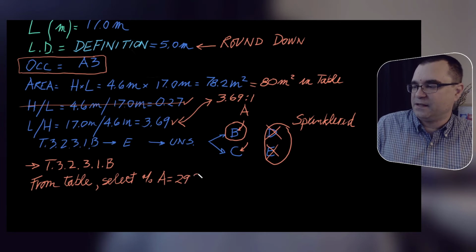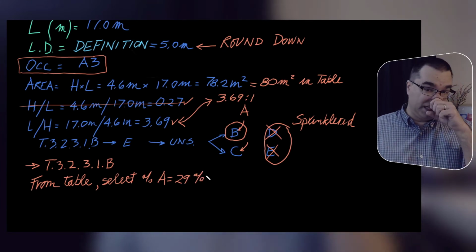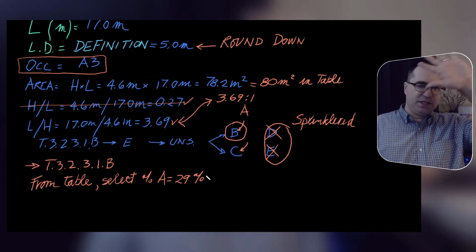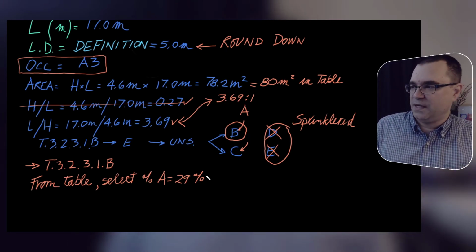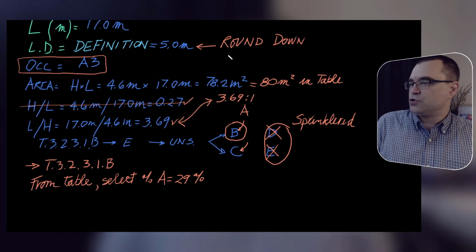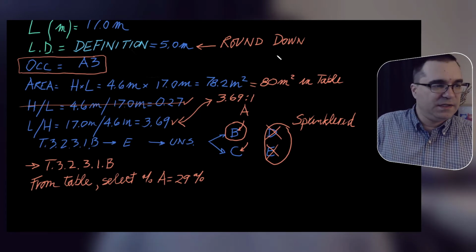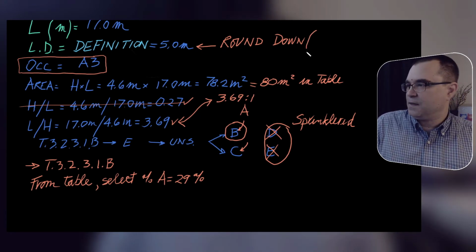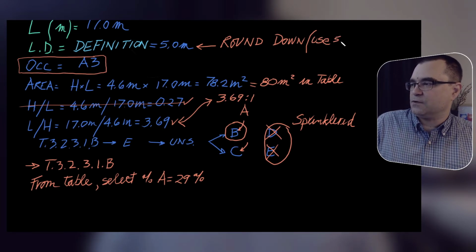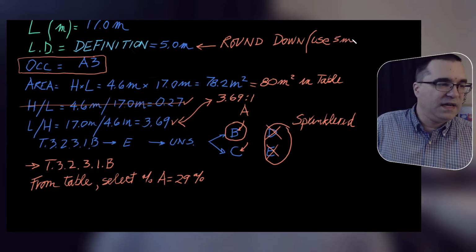Now I'm going to add the percent just to make it obvious, okay? That's what we get. That 29 is the percentage of the north face that's allowed to be unprotected. Now I also want to add here for the limiting distance, you should write down use 5 meters in table.